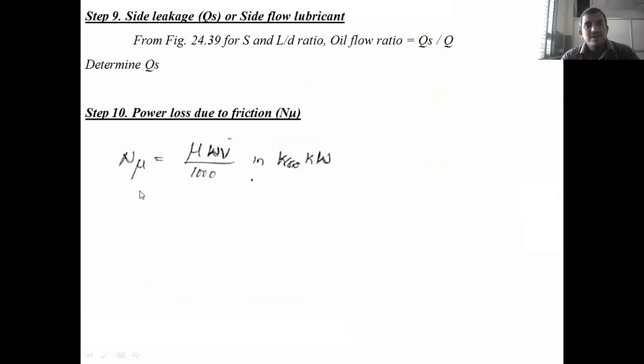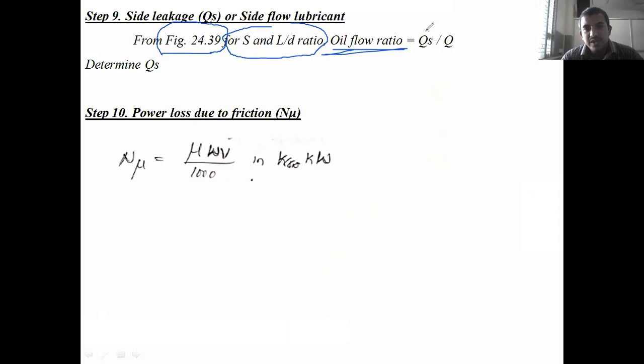Next, step number 9. How to calculate side leakage or side flow of lubricant? From figure 24.39, if you calculate S and the L by D ratio, you get the oil flow ratio. The oil flow ratio you can get from figure 24.39, which depends upon the Sommerfeld number and the L by D ratio.